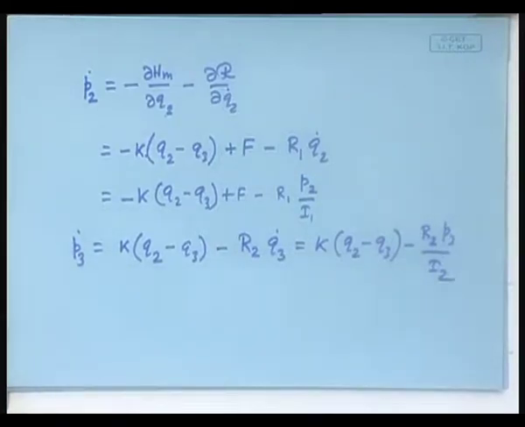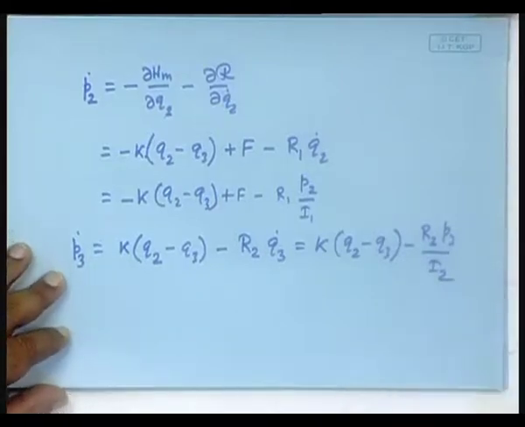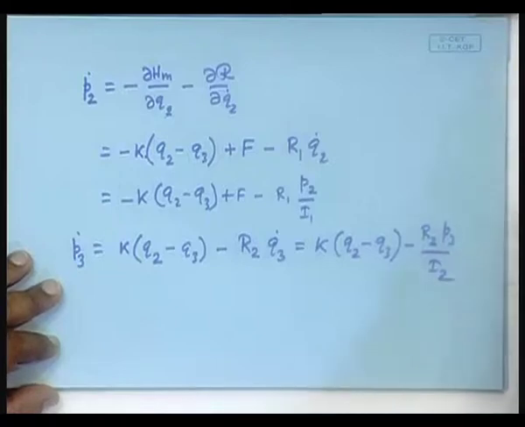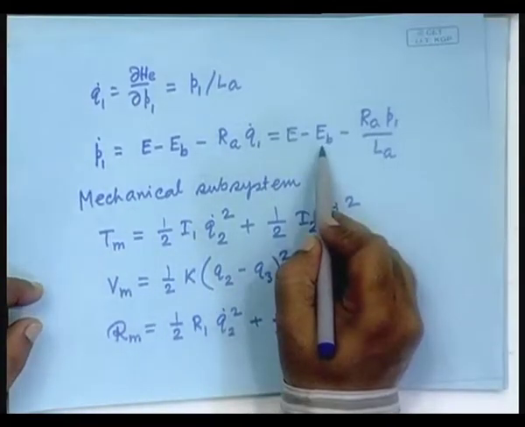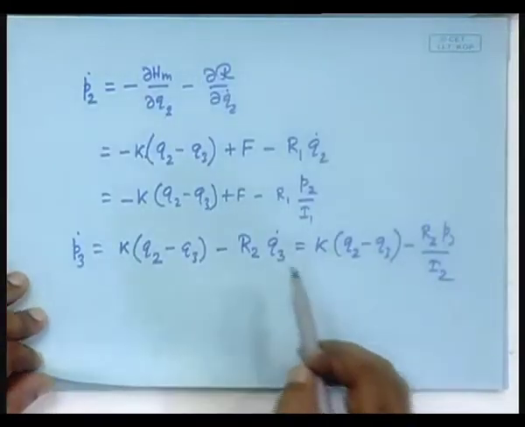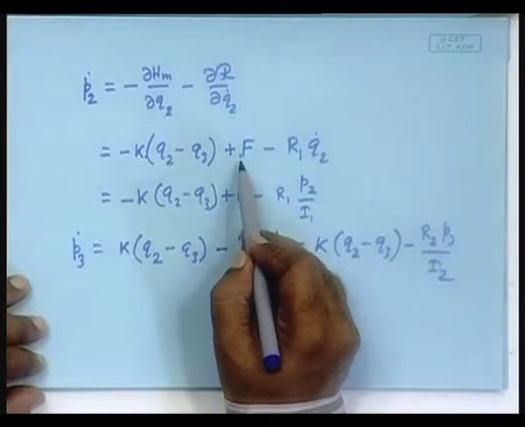So, at this stage certain things remain. Where are the equations finally? Here are the equations. E b remained and we need to substitute that, F remained, we need to substitute that.